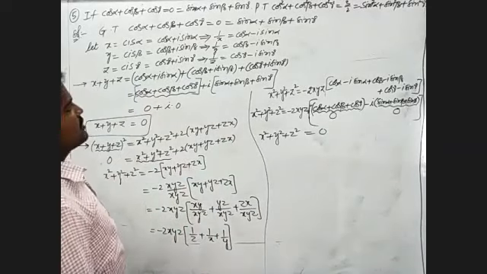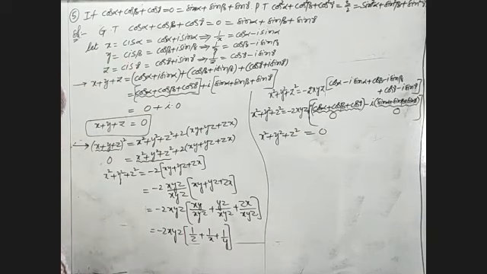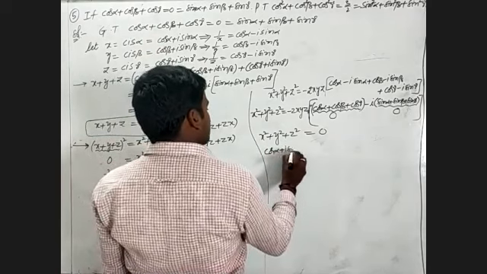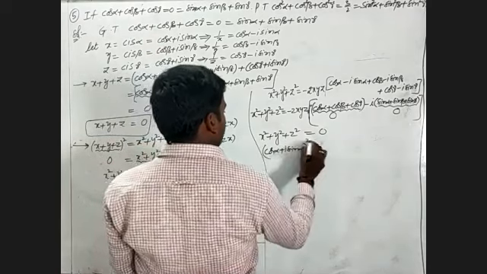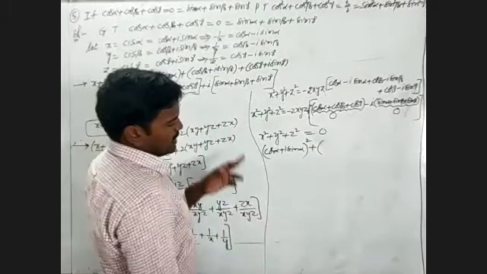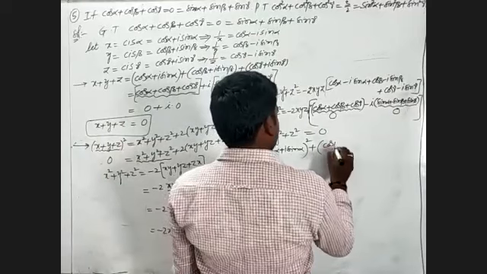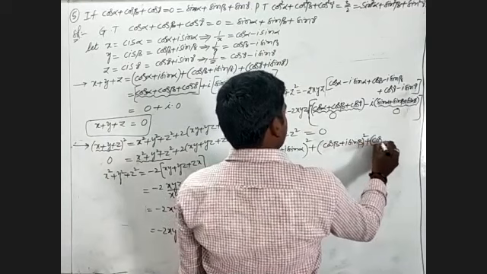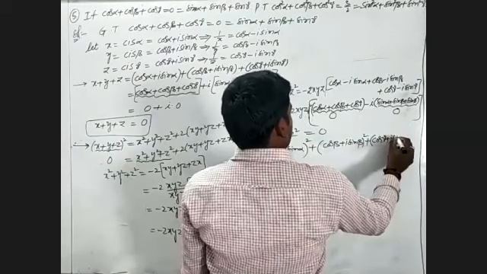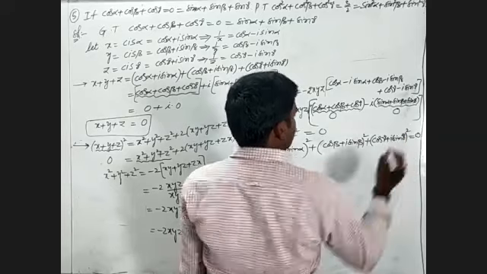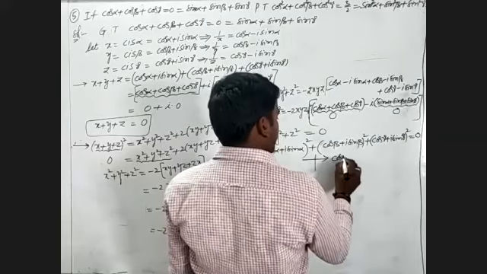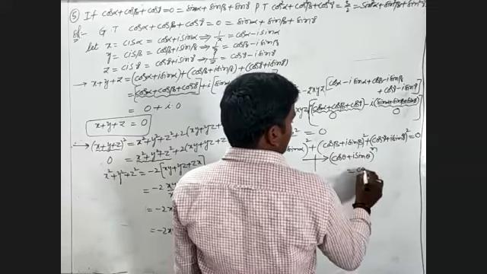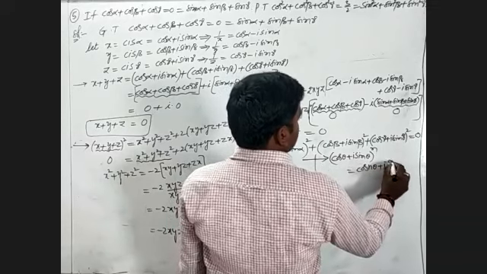Where what is the value of x here? Given x is cos alpha + i sin alpha, so (cos alpha + i sin alpha) whole square + (cos beta + i sin beta) whole square + (cos gamma + i sin gamma) whole square = 0. When it is of the form (cos theta + i sin theta) whole power n, it equals cos n theta + i sin n theta.